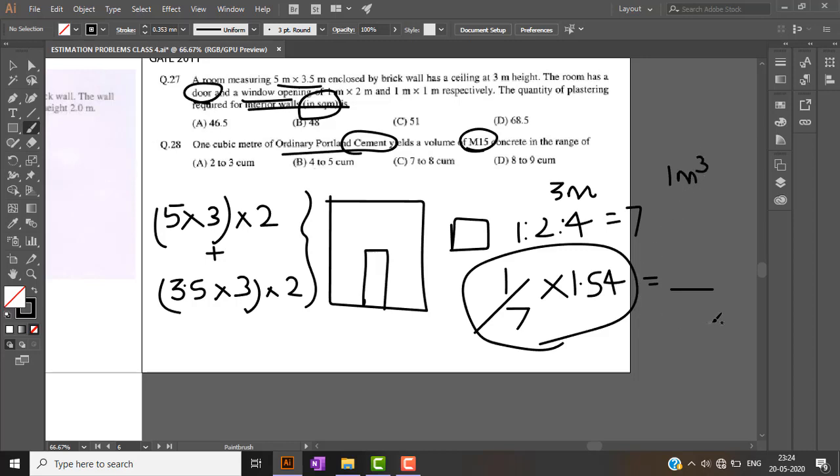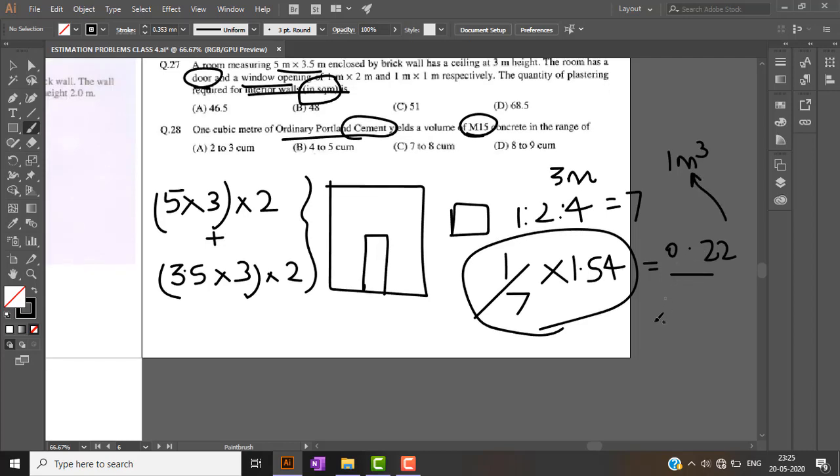So let's solve this. 1.54 divided by 7 is 0.22. 0.22 meter cube of cement will give me 1 meter cube of M15 concrete. In the question they are asking how much concrete 1 cubic meter of cement will give.